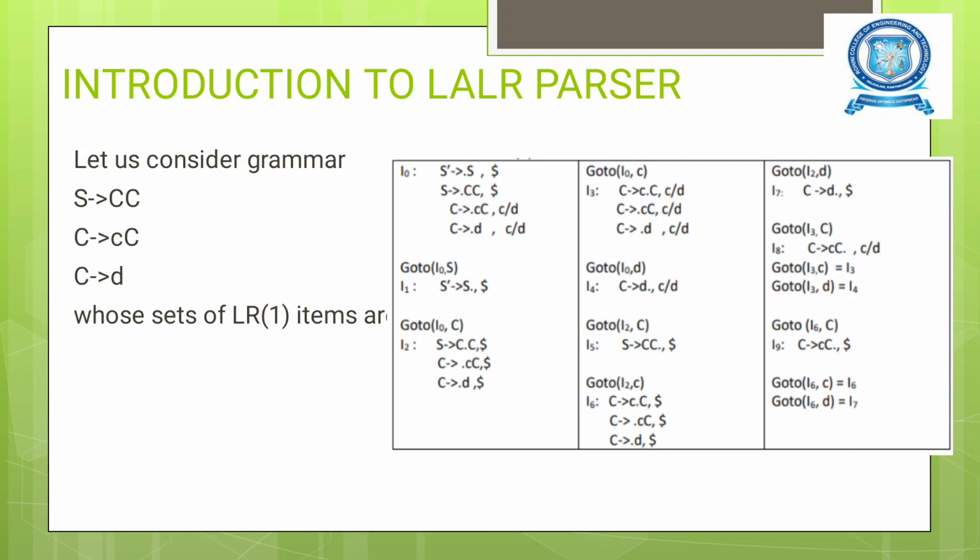Then apply goto for the item I0, and in each goto the dot is moved. Goto of I0 on S gives S' implies S., with dollar.